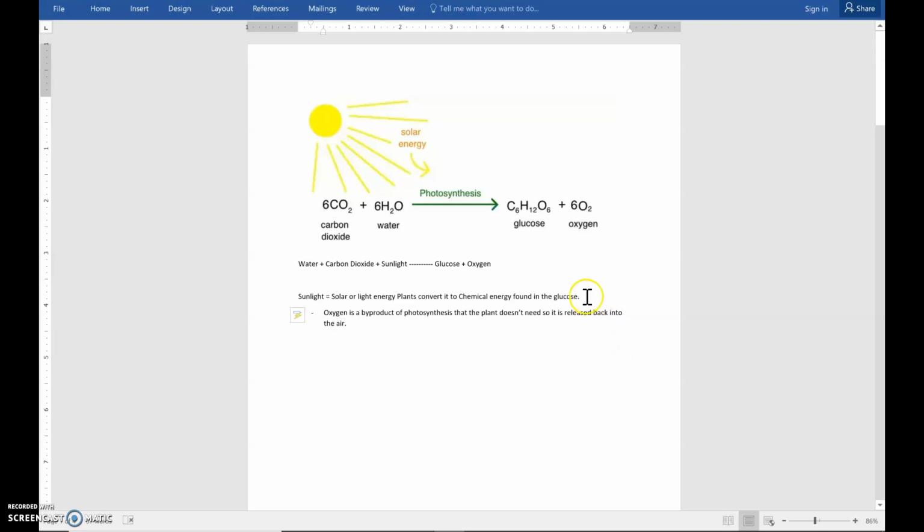Whereas glucose is then used by the cells for its chemical energy, so the plant can create ATP, a different kind of energy that it can use in all of its cells. So really, the point of this is energy. We are starting with solar energy, we are converting it to chemical energy, and we have a byproduct of oxygen in the end.